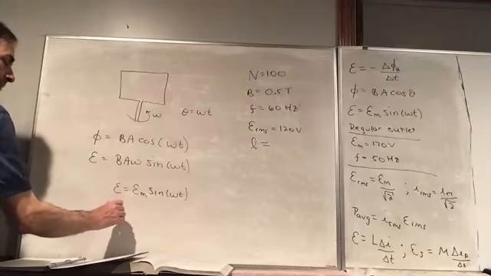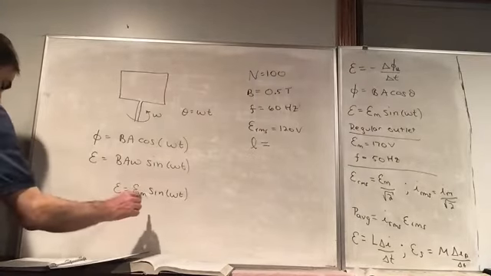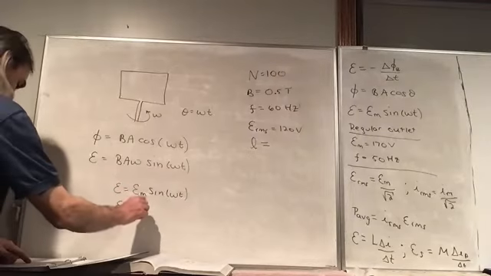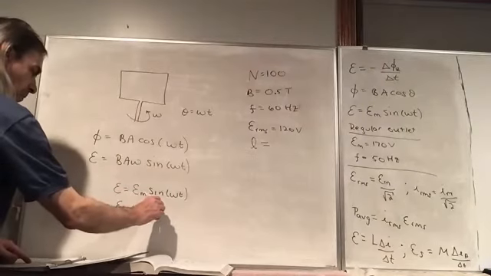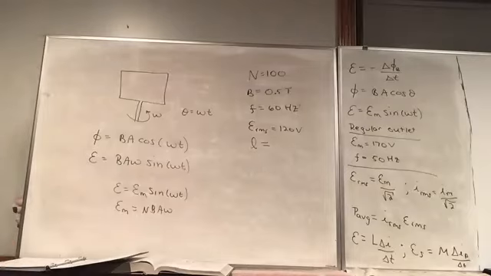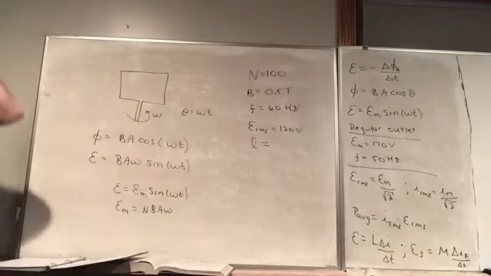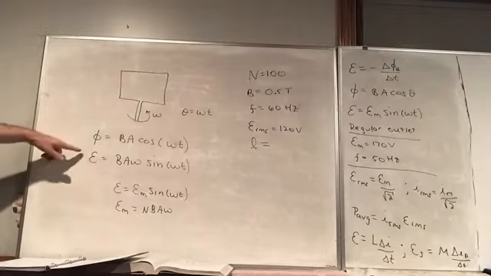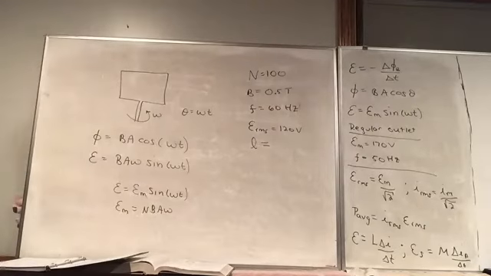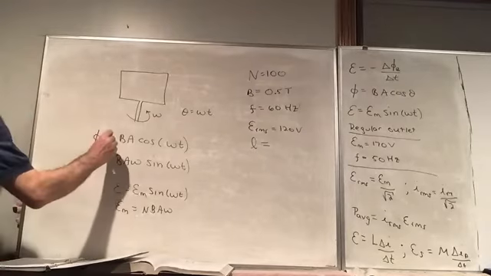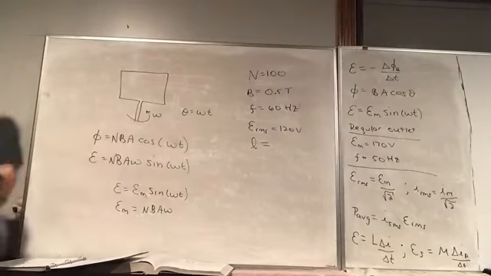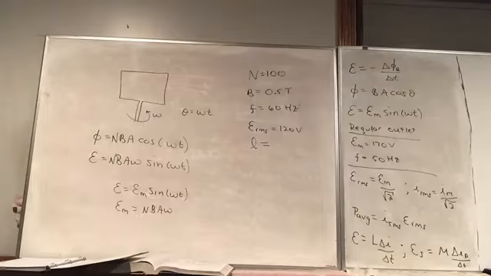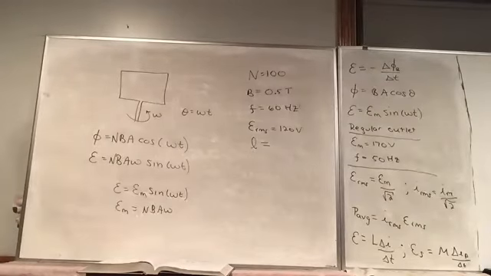And beneath that, Emax is NBA omega. Essentially, here we just have BA omega. I should put an N in front because there are N loops. I forgot to put the N here because there are 100 loops. So we have the same thing. This is on the equation sheet, just in two pieces.